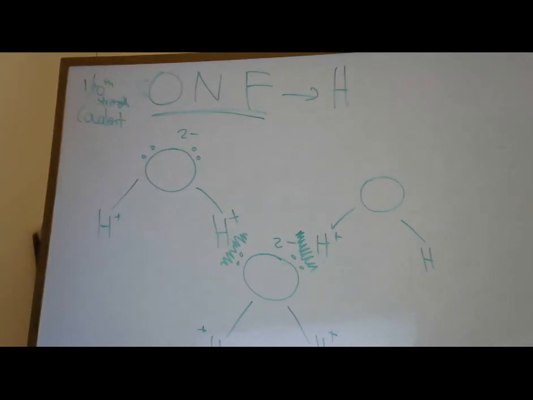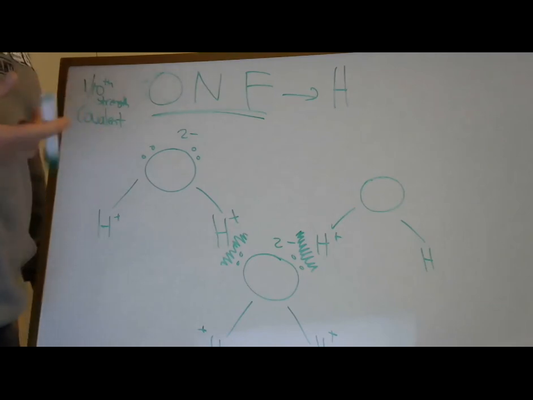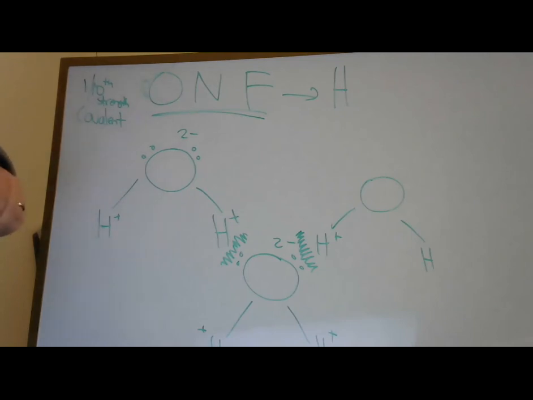Hydrogen bonds are what makes water water. And if it was ever so slightly different, we wouldn't be here. I know I always say that. So oxygen binds to hydrogen in a hydrogen bond, creating a very strong attraction.